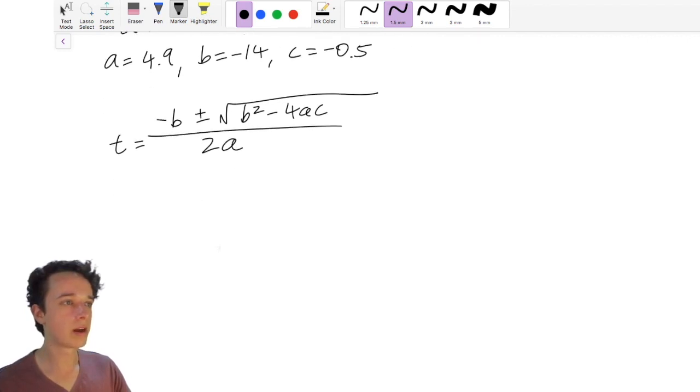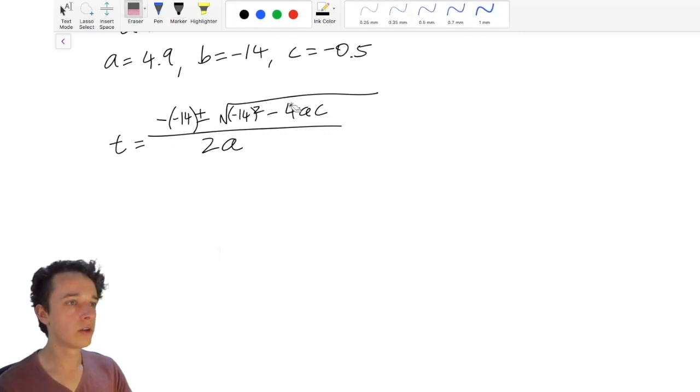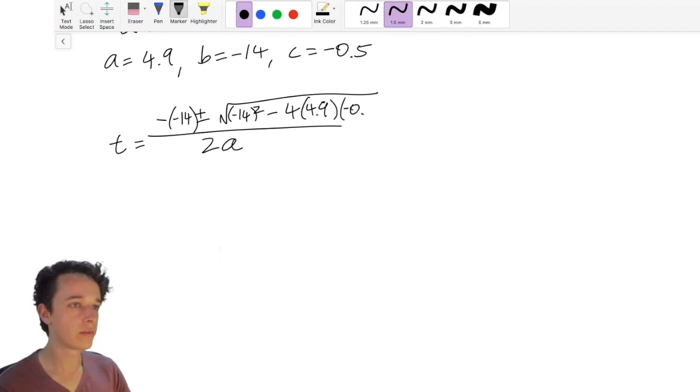Now if we sub our values for a, b, and c into this equation, we get b is negative 14. Whoops, b is negative 14 plus or minus the square root of b squared, which again is negative 14 squared, minus 4 times a, which is 4.9, times c, which is negative 0.5, divided by 2a, which is 2 times 4.9.